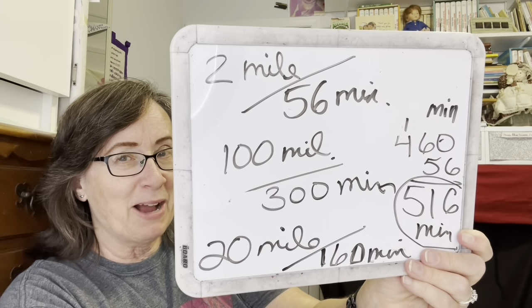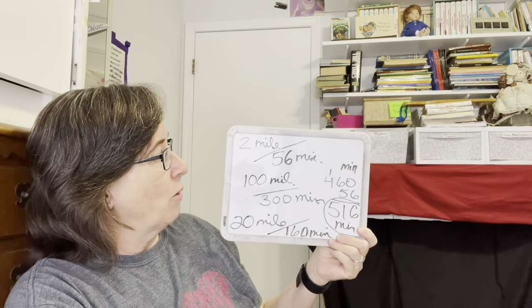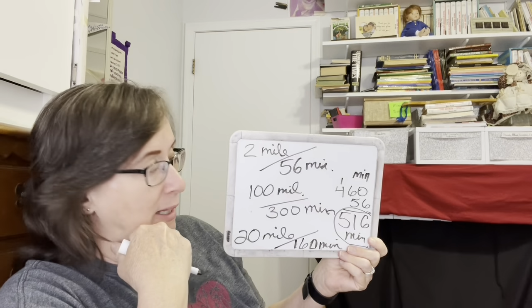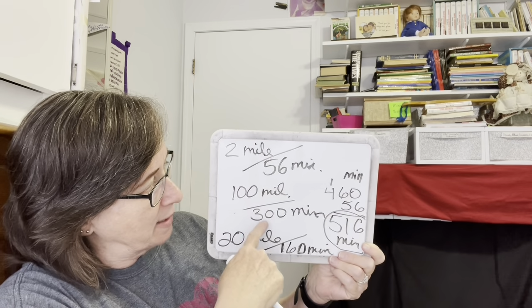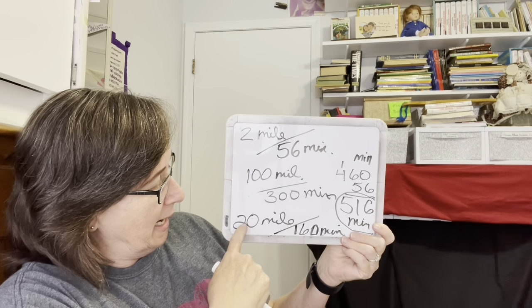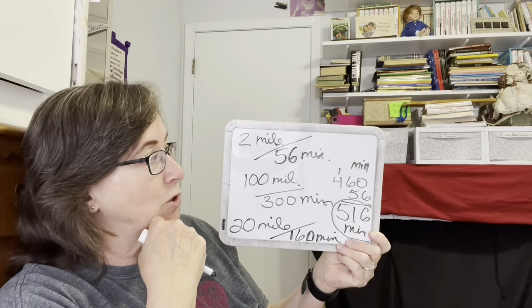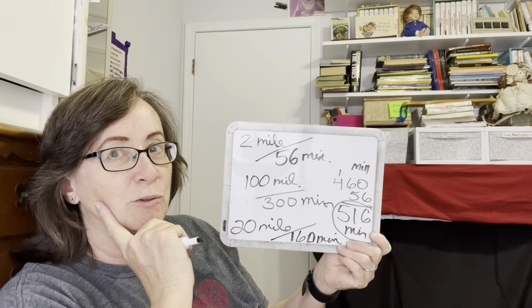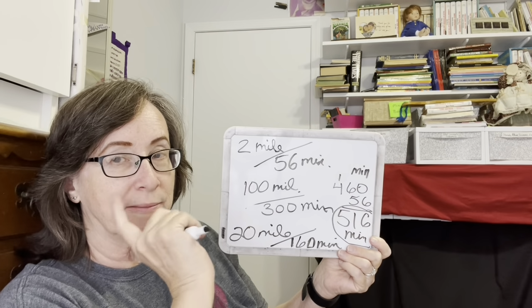Now, how can we tell which one of these is faster? So we have 2 miles in 56 minutes, 100 miles in 300 minutes, and 20 miles in 160 minutes. Now, when we're trying to figure out speed, aren't we used to having the denominator 1?